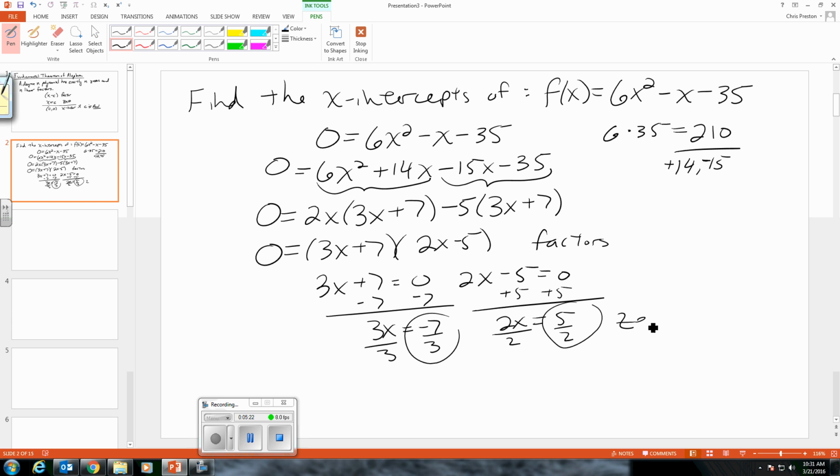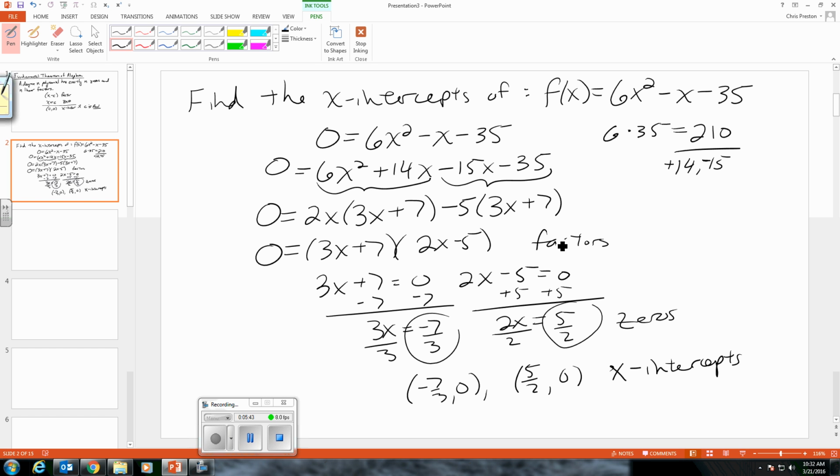Those are the zeros. And so (-7/3, 0) and (5/2, 0) are the x-intercepts. And again, when we're talking about real numbers, these zeros, factors, and x-intercepts are all connected to each other.